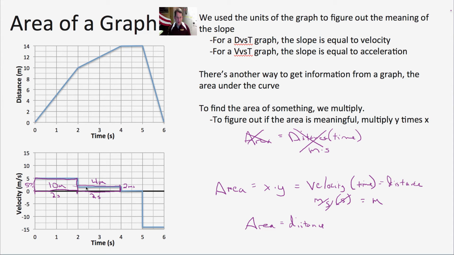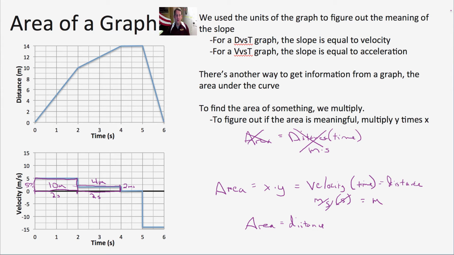Altogether so far, if we count all this together, we're looking at 14 meters traveled, and sure enough, at 4 seconds, 14 meters. So we have this very weird thing that somehow the area under the curve matches up with the distance traveled. Now, there's no reason for that. There's no special connection between the two. It just works out that way when you put velocity on this axis and time on this axis.